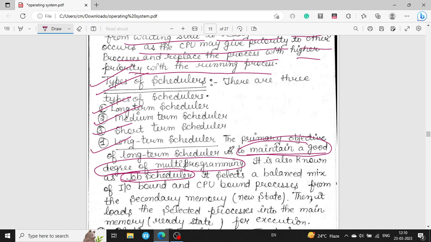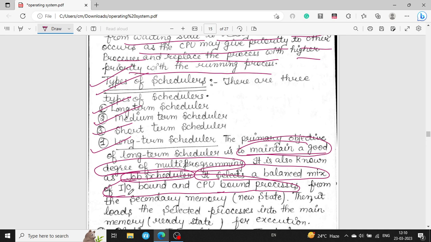It selects a balanced mix of input-output bound and CPU bound processes.